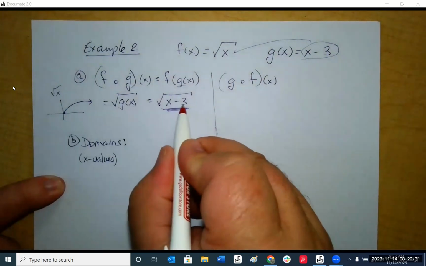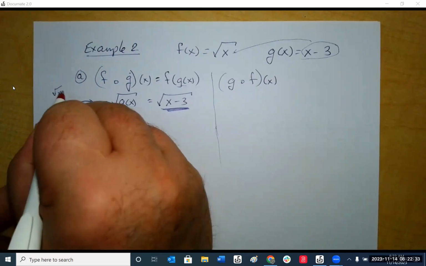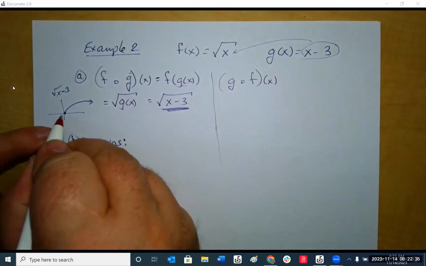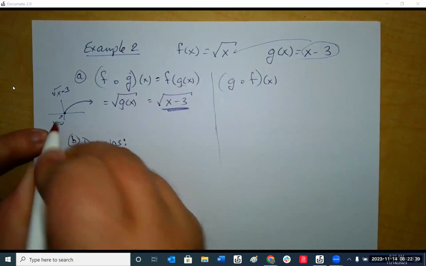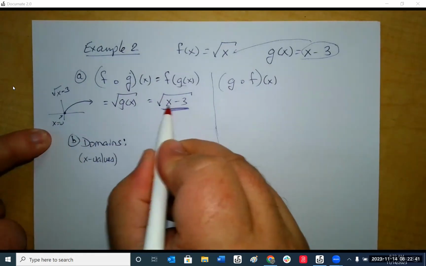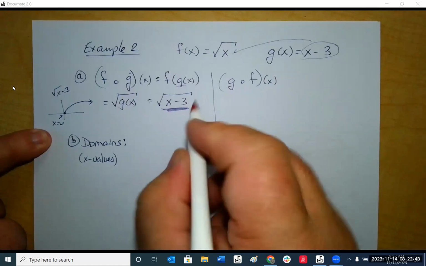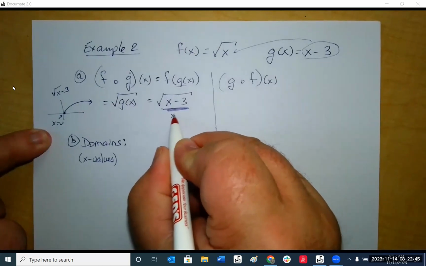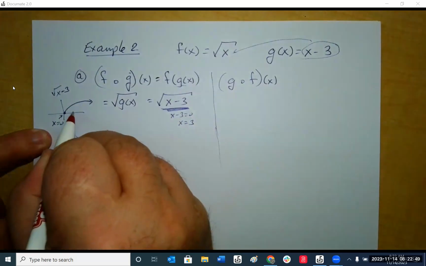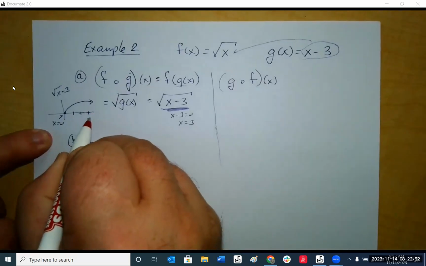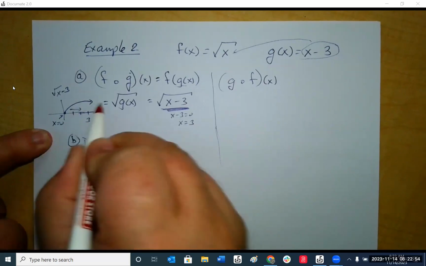But now inside there, I have an x minus 3. Here, the smallest I can have is x equals 0. Now I do a horizontal shift. Take the x minus 3, set it equal to 0, and so my horizontal shift is 3 spaces to the right.